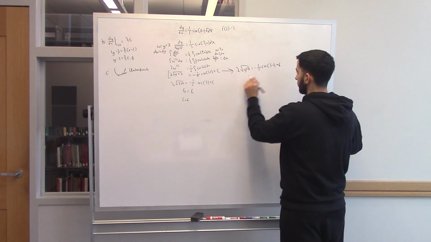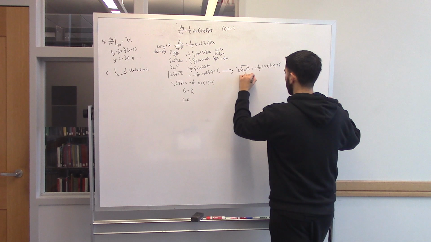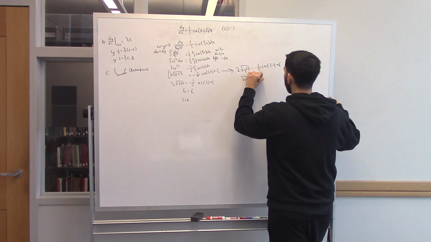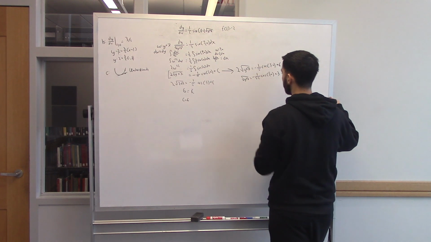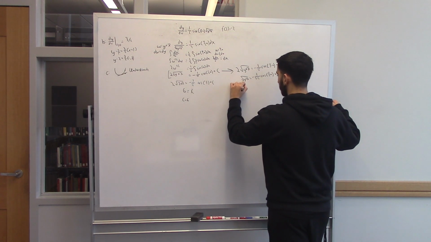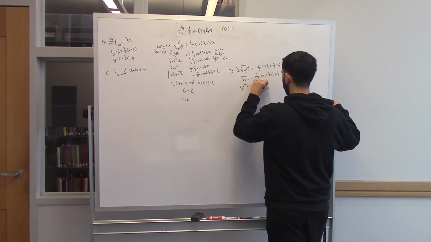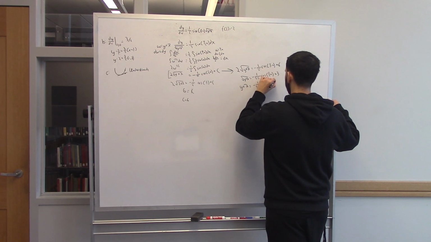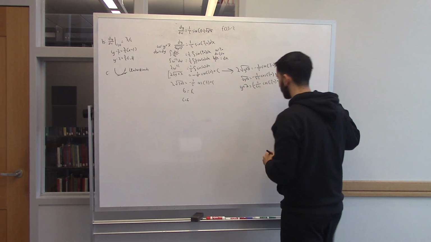Okay, let's divide both sides by 2 to get square root of y plus 7 equals negative 1 over 2 pi cosine of pi over 2x plus 3. Now we're going to square both sides to get y plus 7 equals negative 1 over 2 pi cosine of pi over 2x plus 3, whole thing squared.